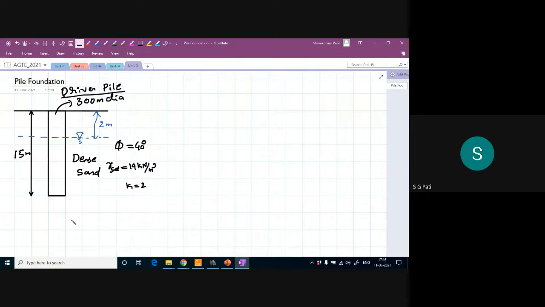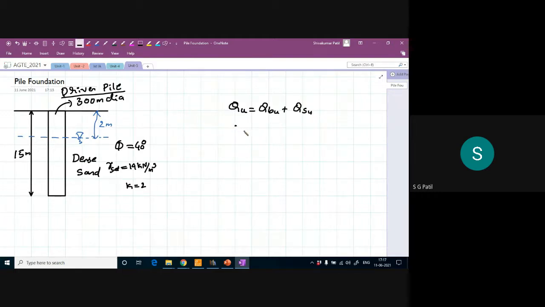Okay, now let us see what is the formula to calculate ultimate load carrying capacity. It is QU is equal to base resistance plus shaft resistance.